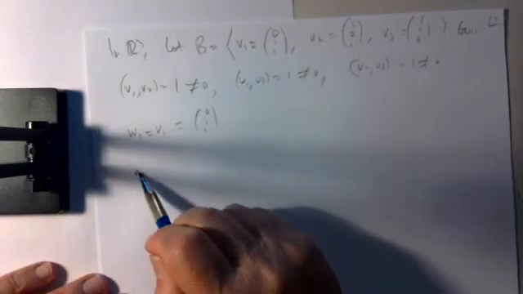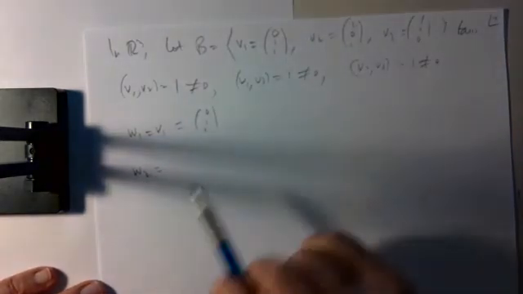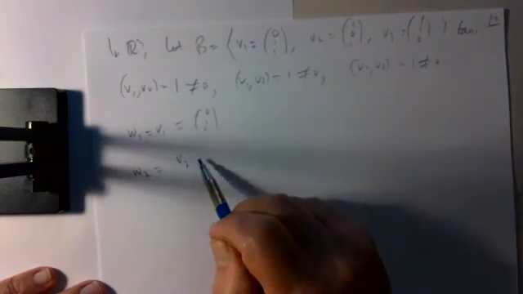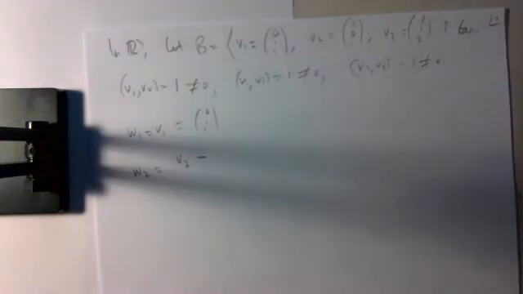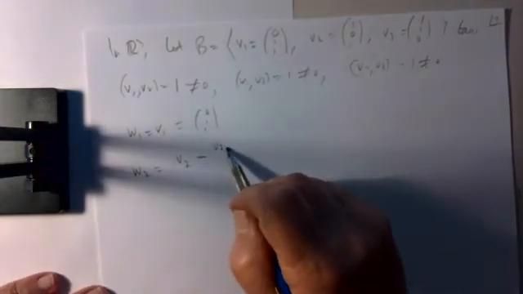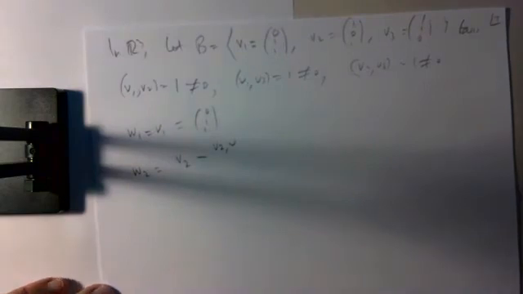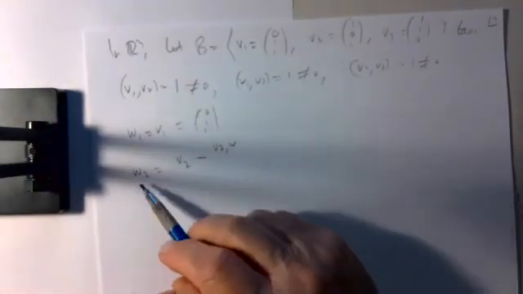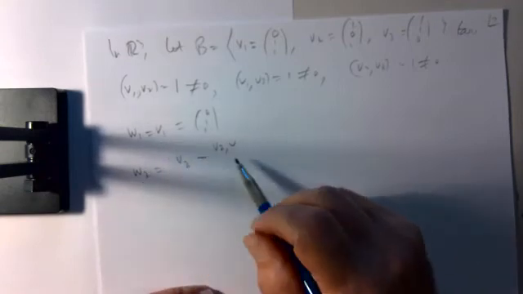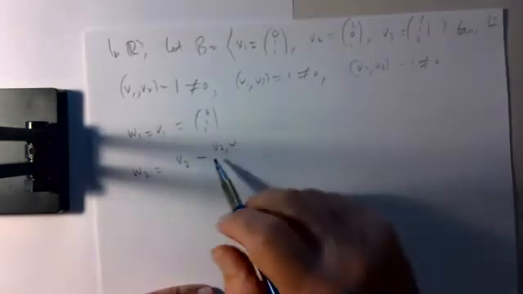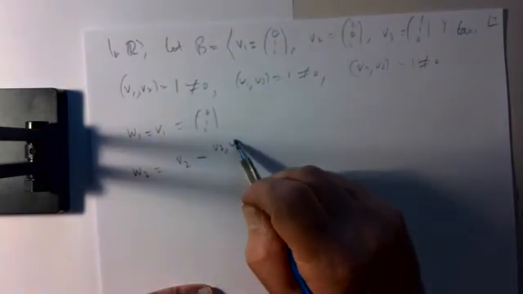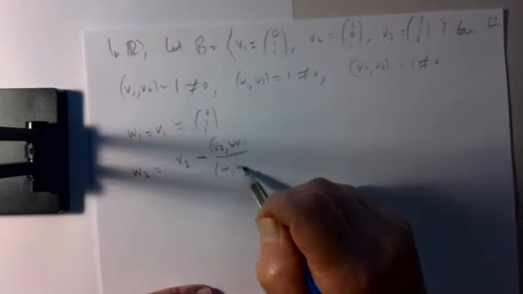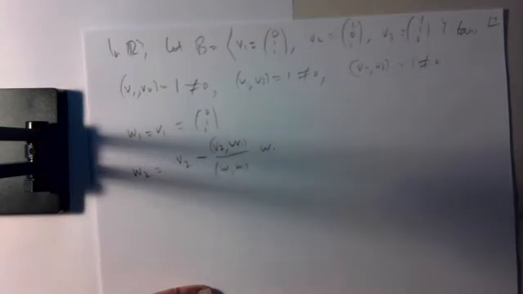So I want to let w_2, sorry, I want w_2 perpendicular to w_1. So from v_2, I subtract: w_2 is v_2 minus the inner product of v_2 and w_1 over the inner product of w_1 with w_1, times w_1.